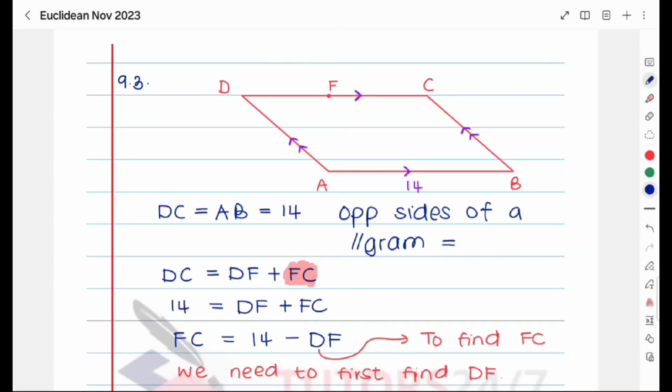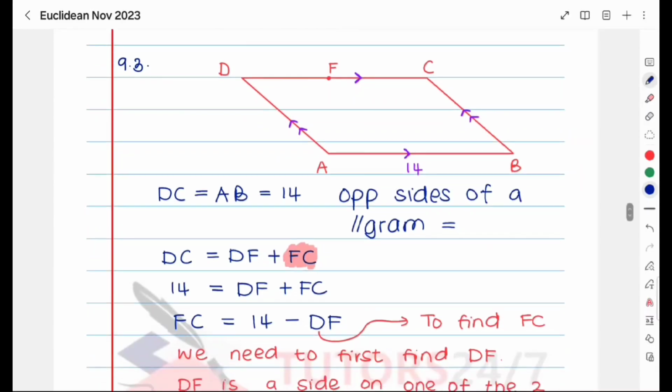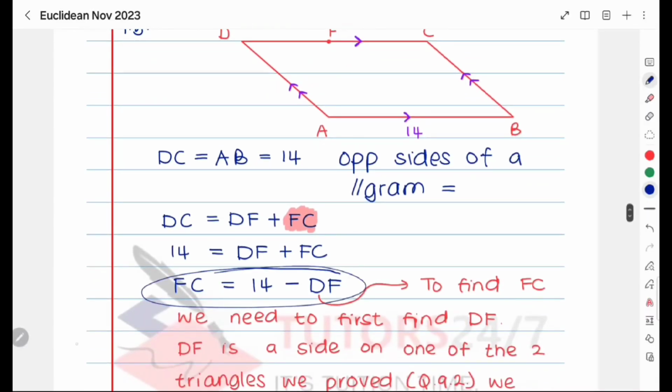We are looking for FC, so the only job was to go and find DF. We were able to find DF because we noticed that it was a side on one of the triangles that we proved were similar. From there, all we did was create our three-prong equation using size and proportion, solved for DF, and then substituted it into this equation to find FC. And that is it.